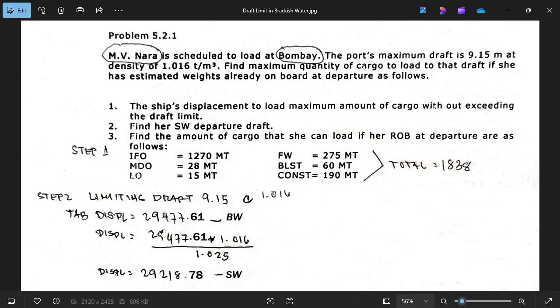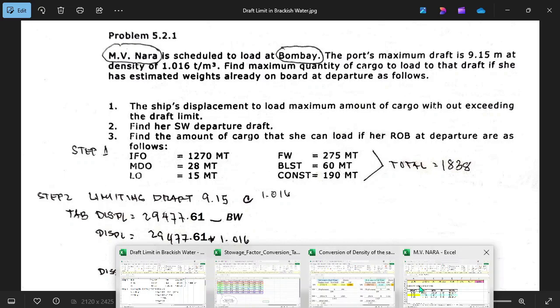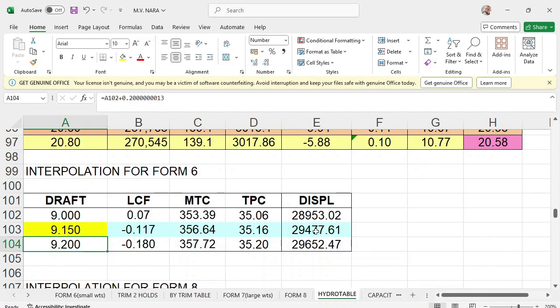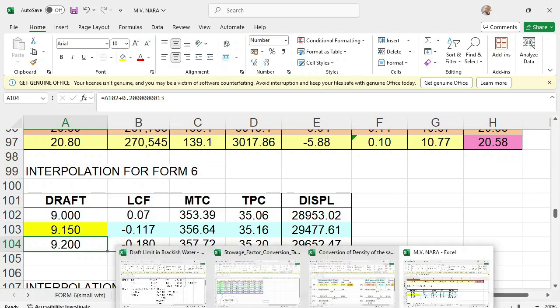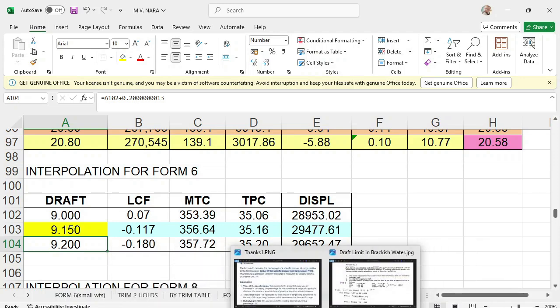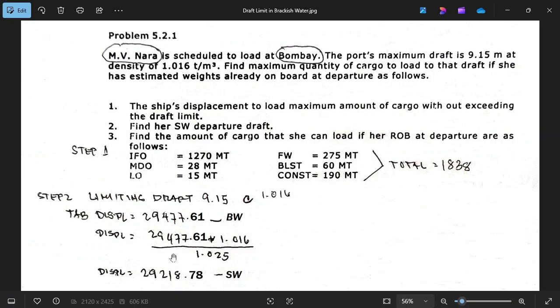Check, guys. Displacement is 29477.61. That is brackish water, guys. Okay. Why? Take note, guys. Because the problem says she is floating in 9.15, so she is already in brackish water.